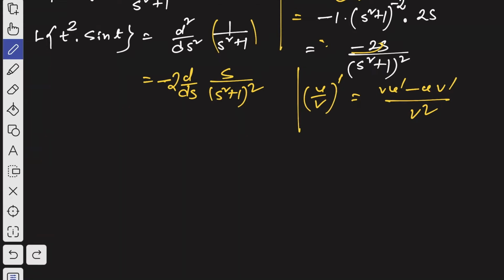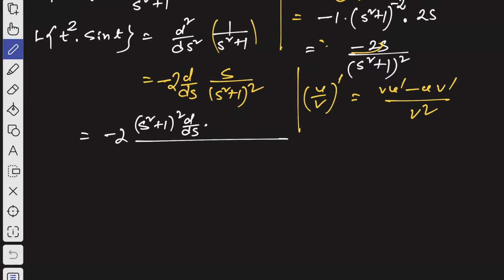If you differentiate it again, let me write here, minus 2 times the denominator, that is (s square plus 1) whole square, and the derivative of the numerator, d by ds of s, that's going to be 1. So let me write directly 1, into 1. So minus then s times the derivative of the denominator.